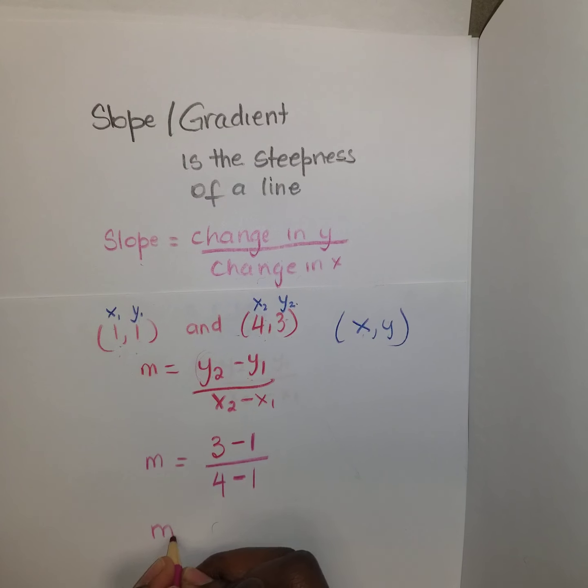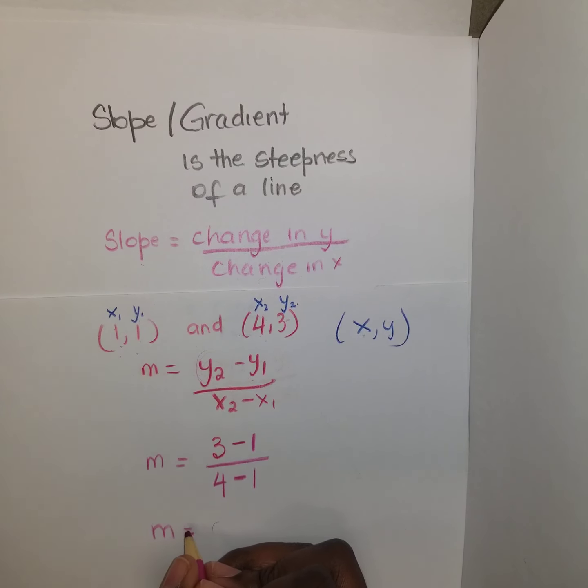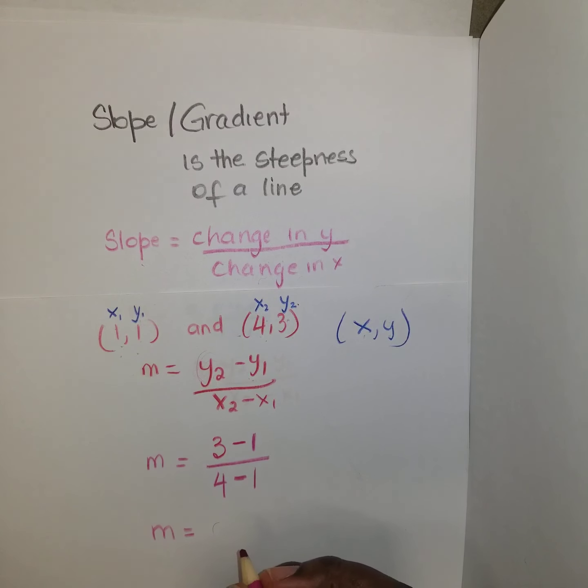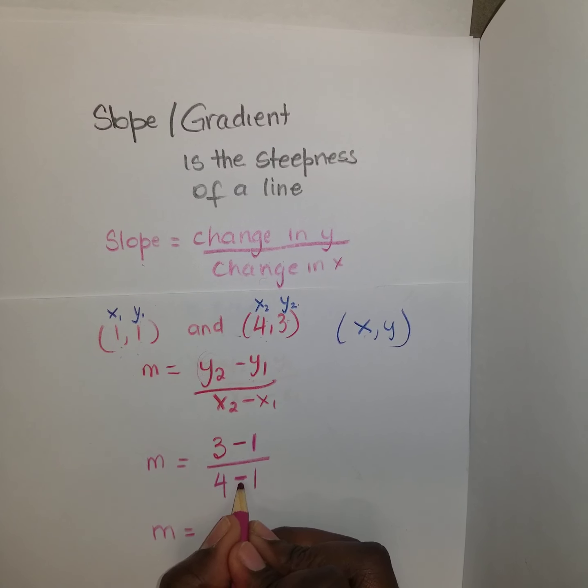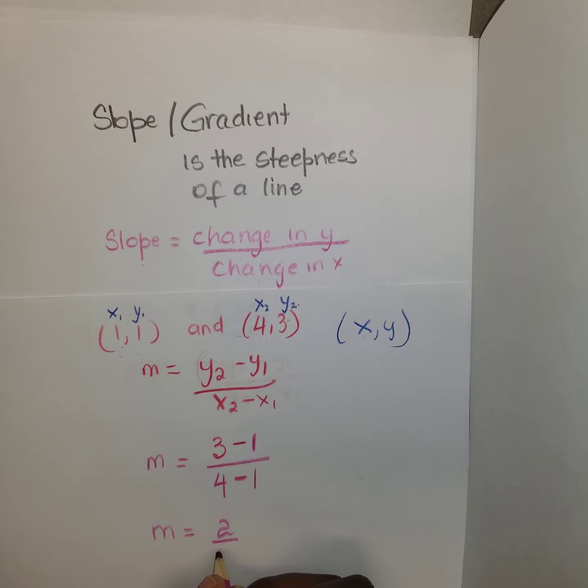So your gradient is equal to 3 subtract 1 is 2, and 4 subtract 1 is 3. So your gradient is 2 over 3.